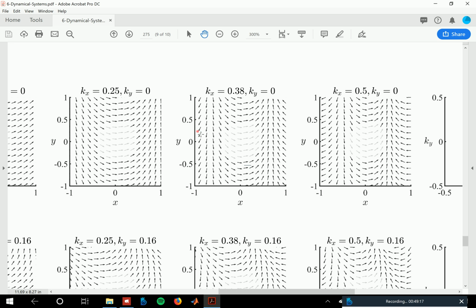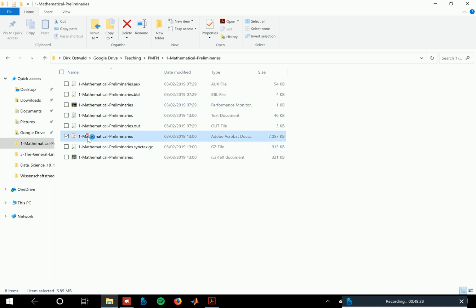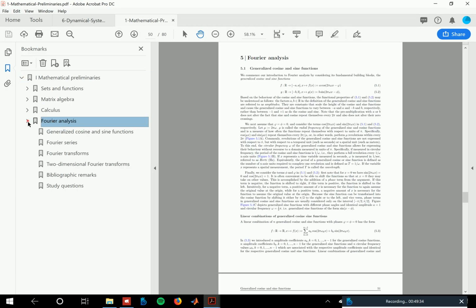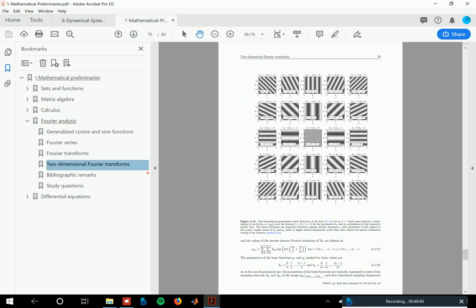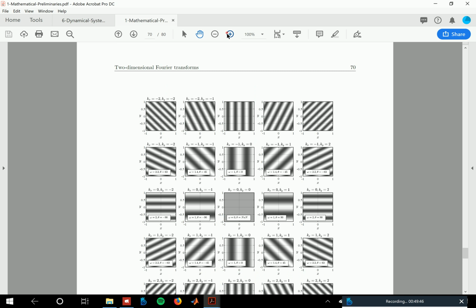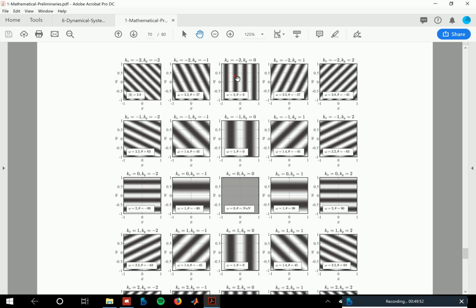So a different way to look at this is exactly as what you brought up, namely this picture of these basis functions when the ky parameter does not change.